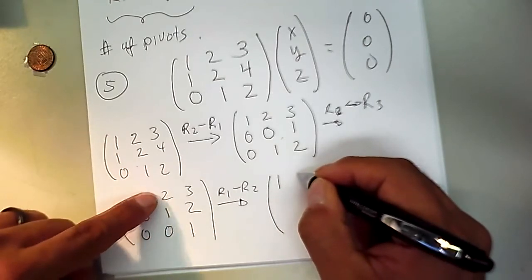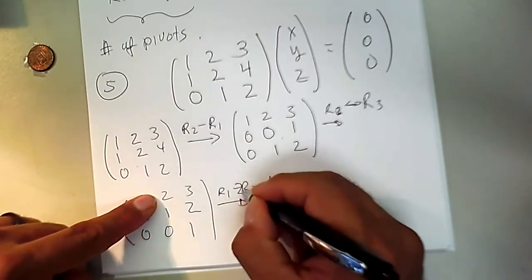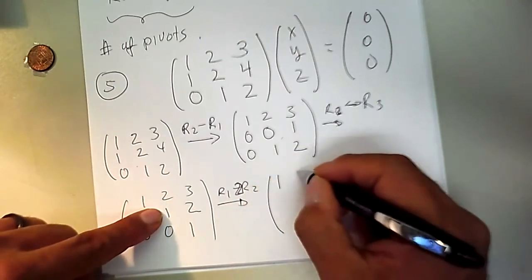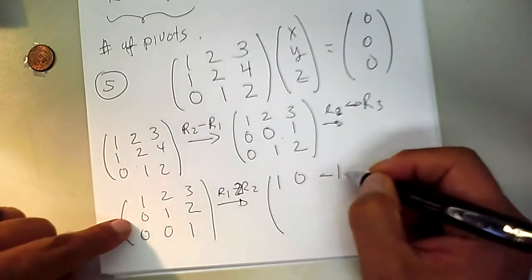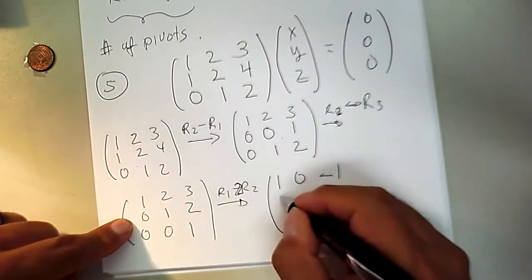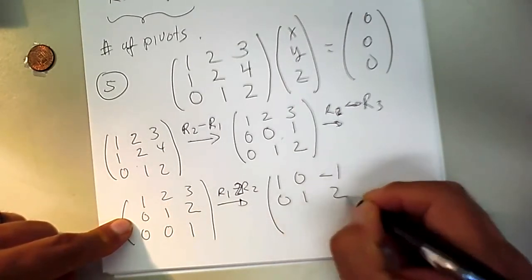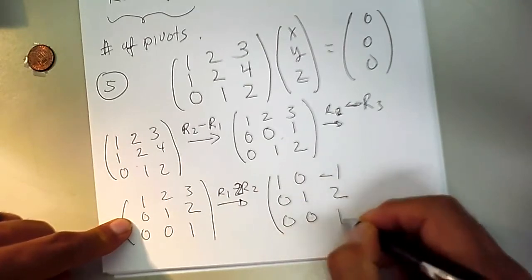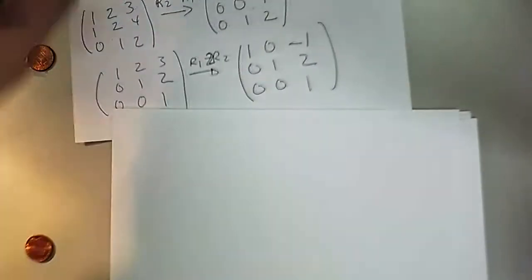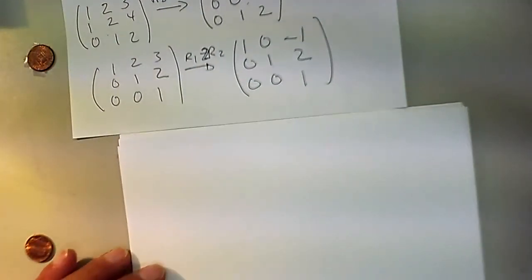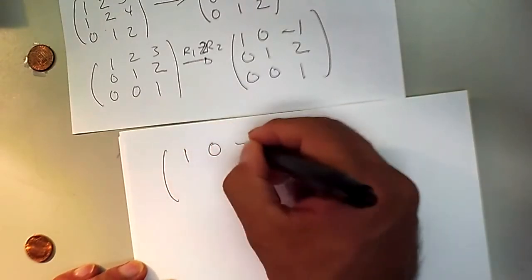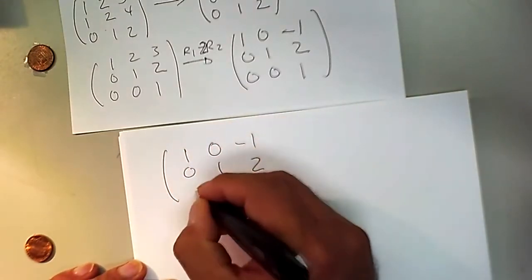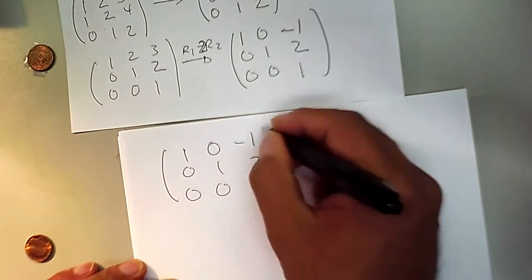Oh, I do want to end up with a 0, so we need to subtract 2 of those. 2 minus 2, 0. 3 minus 4, negative 1. Okay, and then we have 0, 1, 2, 0, 0, 1. I'm going to copy this on the next page to keep it together. 0, 1, 2, 0, 0, 1.